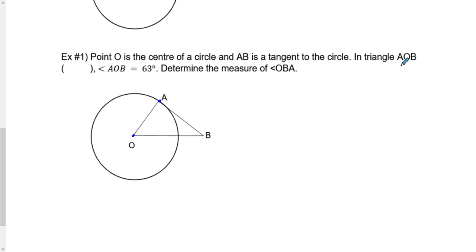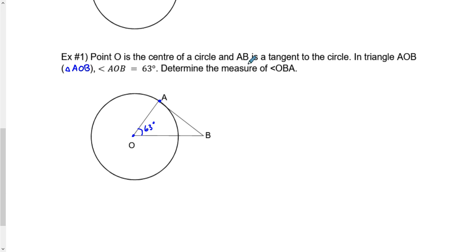In triangle AOB, notated usually like this, angle AOB is 63 degrees. Angle AOB means you start at A, go to O, then go to B, and the angle contained in there is that one. It's 63 degrees.